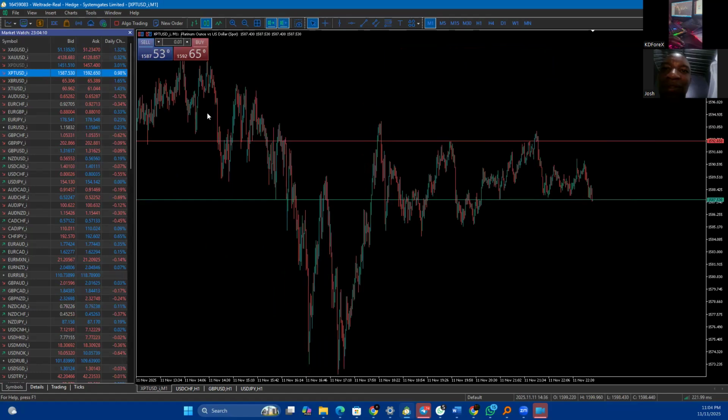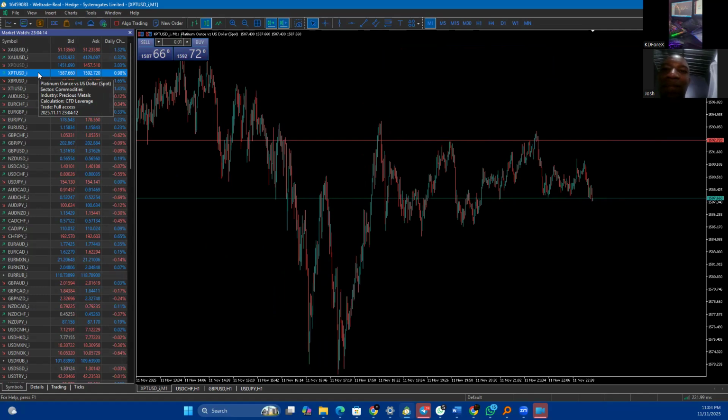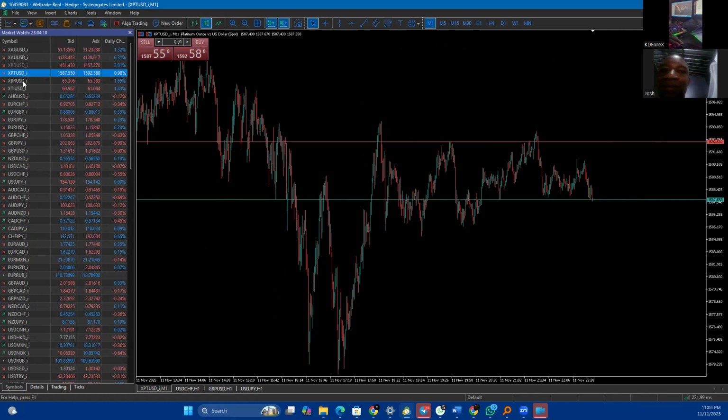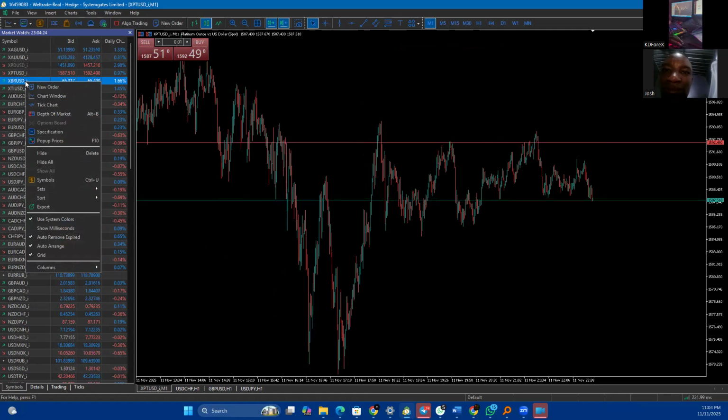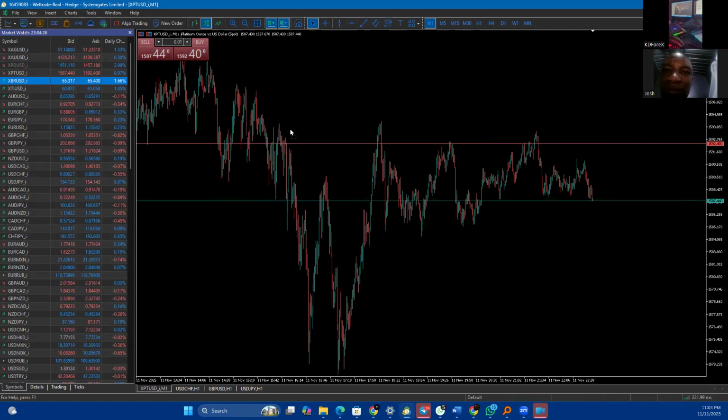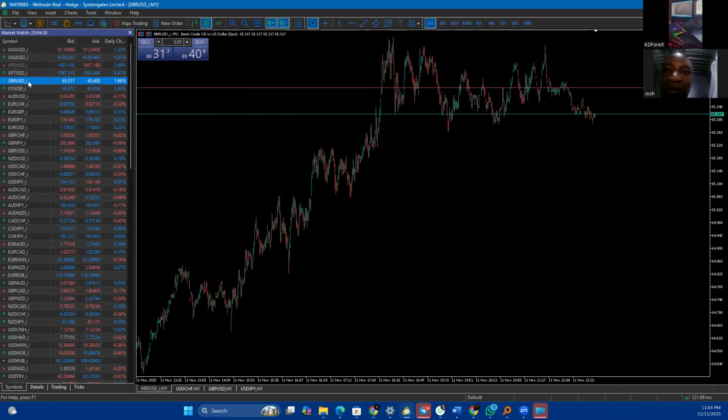Then let's see this one. This one you've seen that there's a huge gap there as well. It's too much. This is platinum, so let's see if I'll be able to hide. What's going on? Oh, this one I'm able to hide. Let me see this one. This one also the spread is high.